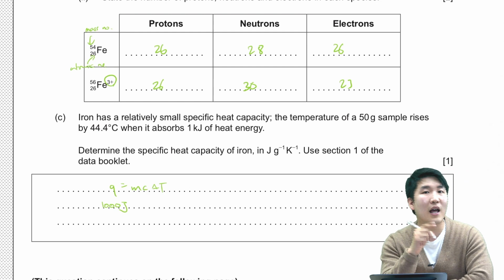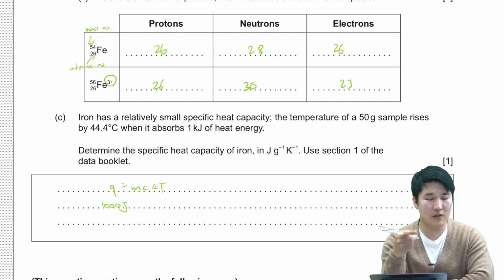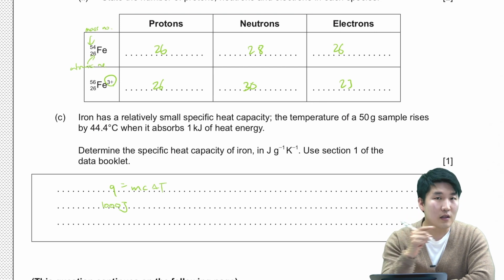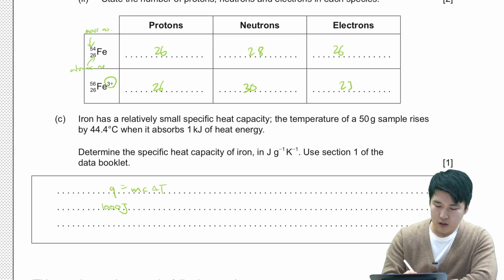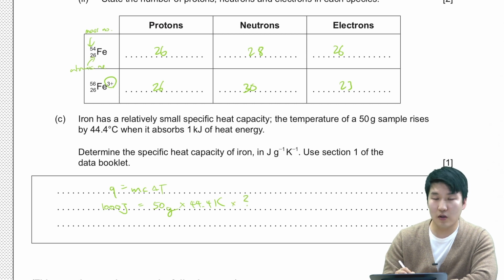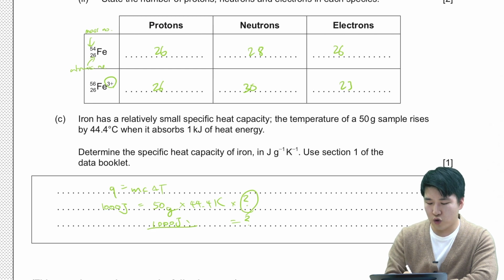Make sure we use 1,000 joules instead of 1 kilojoule, because specific heat capacity is in joules per gram per Kelvin. 1,000 joules is going to equal 50 grams times our specific heat capacity times 44.4 Kelvin, so the specific heat capacity will equal 1,000 joules over 50 grams and 44.4 Kelvin.